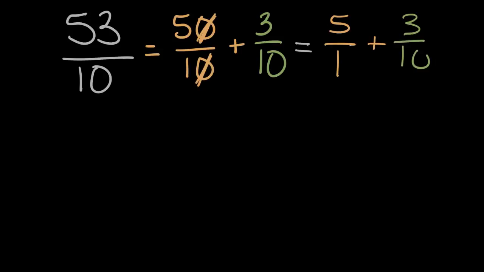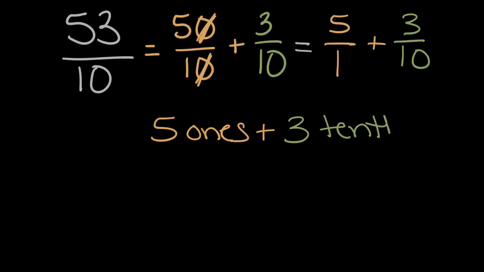And now we've got this to place value. 5 ones is 5 ones. Plus, here 3 tenths is 3 tenths. So thinking, let's put our decimal. Over here to the left of the decimal is our ones, and we have 5 ones.